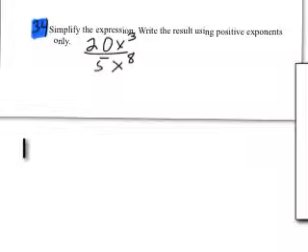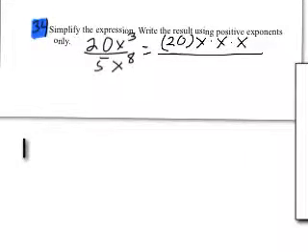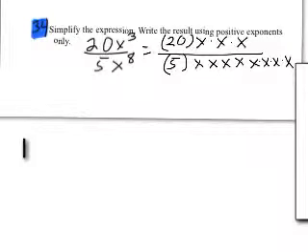20x to the 3rd divided by 5x to the 8th. Again, this one's simplest done if it's factored out. So let's go 20 times x times x times x, divided by 5 times 8 of them: 1, 2, 3, 4, 5, 6, 7, 8 x's.